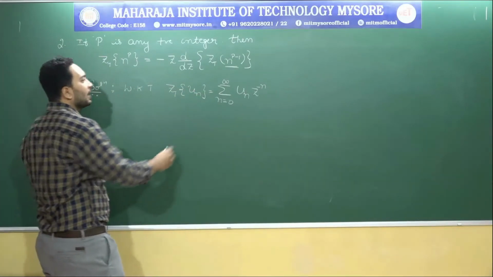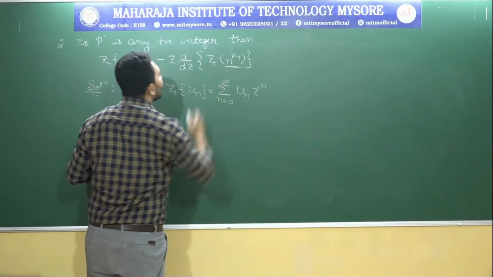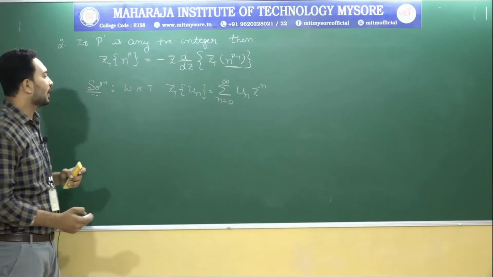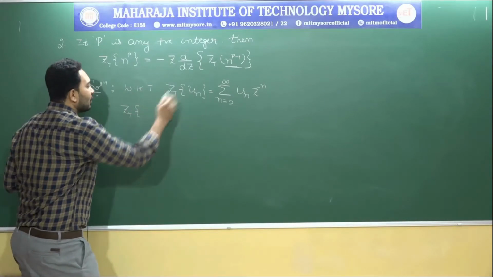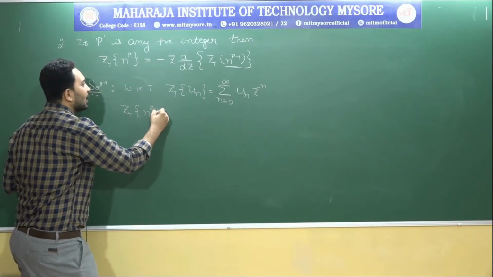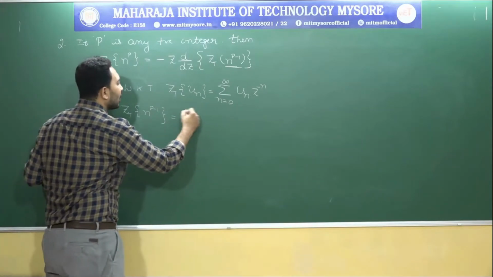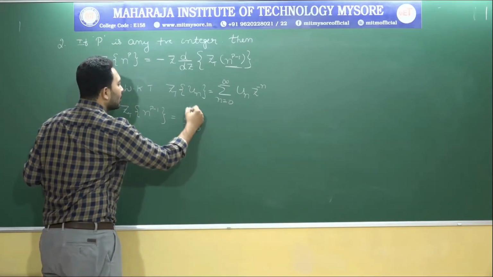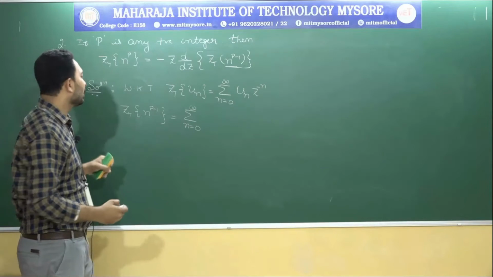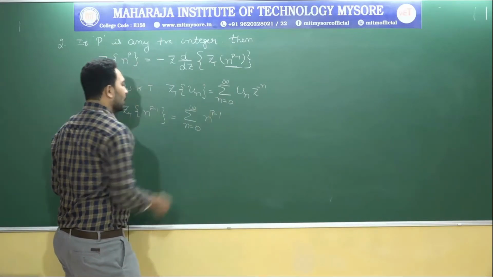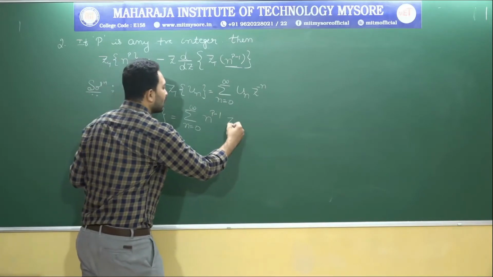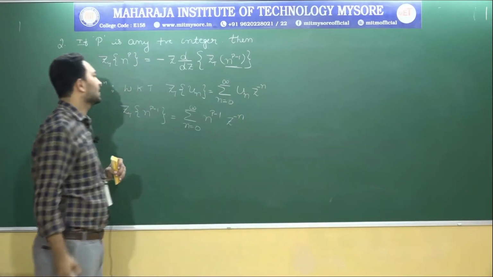In the right side we have the z transformation of n power p minus 1. So this becomes summation n equals 0 to infinity, replace un by n power p minus 1, we get n power p minus 1 z power minus n.